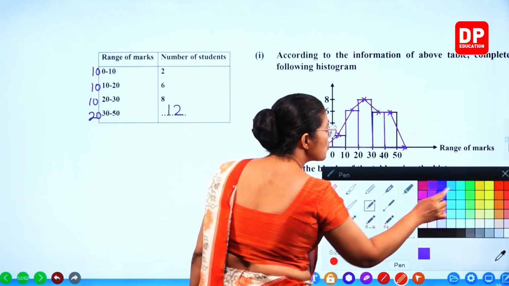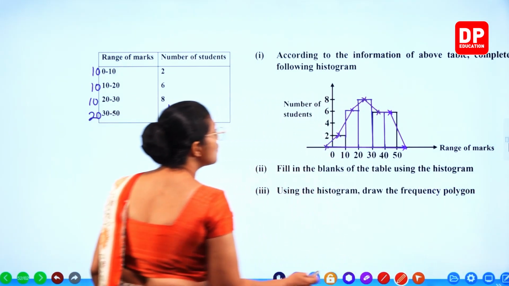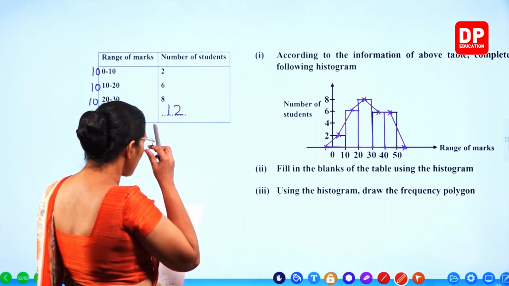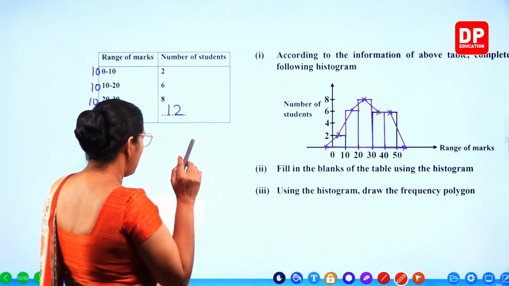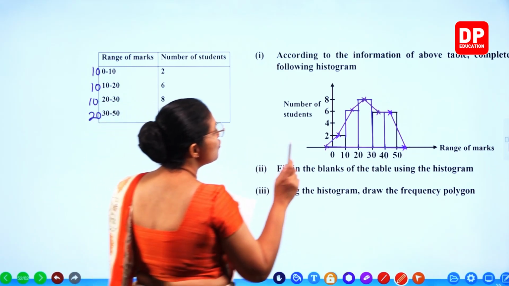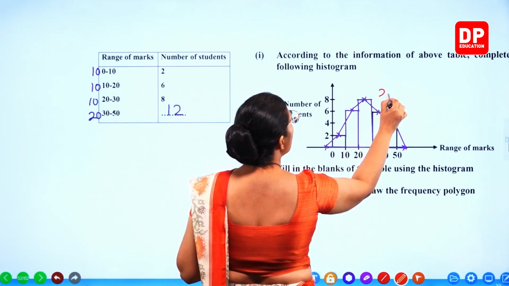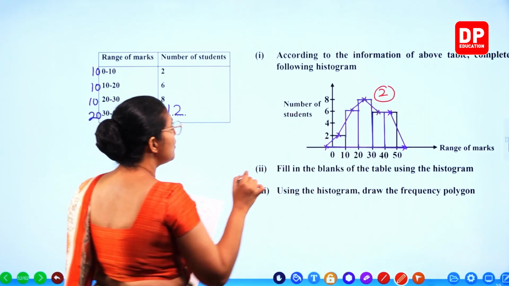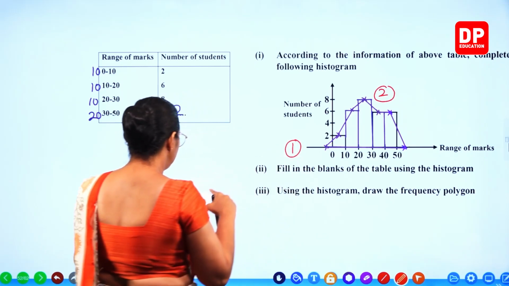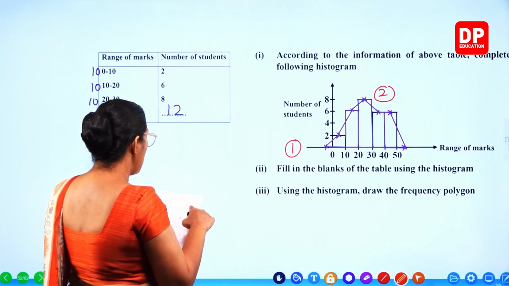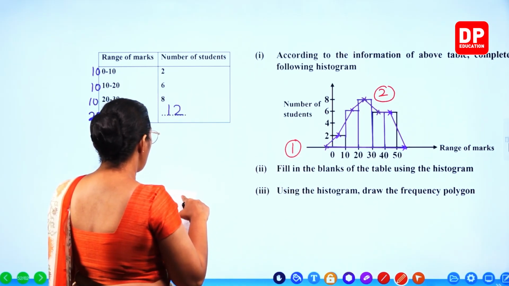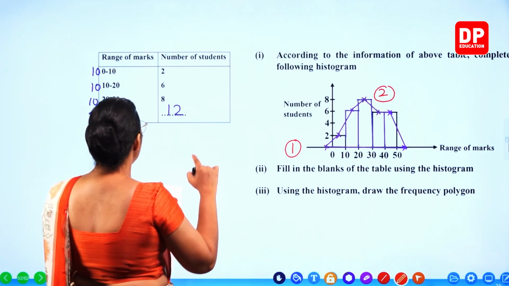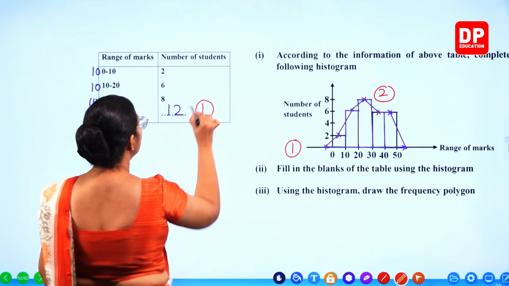How many marks are you getting for this one? For drawing the histogram, 2 marks, and frequency polygon, 1 mark, and 1 mark for this value.